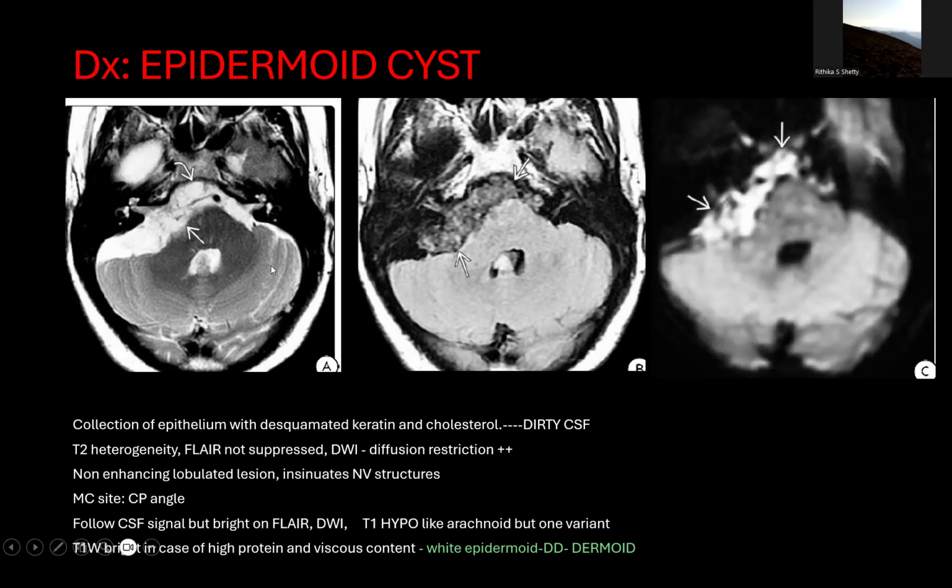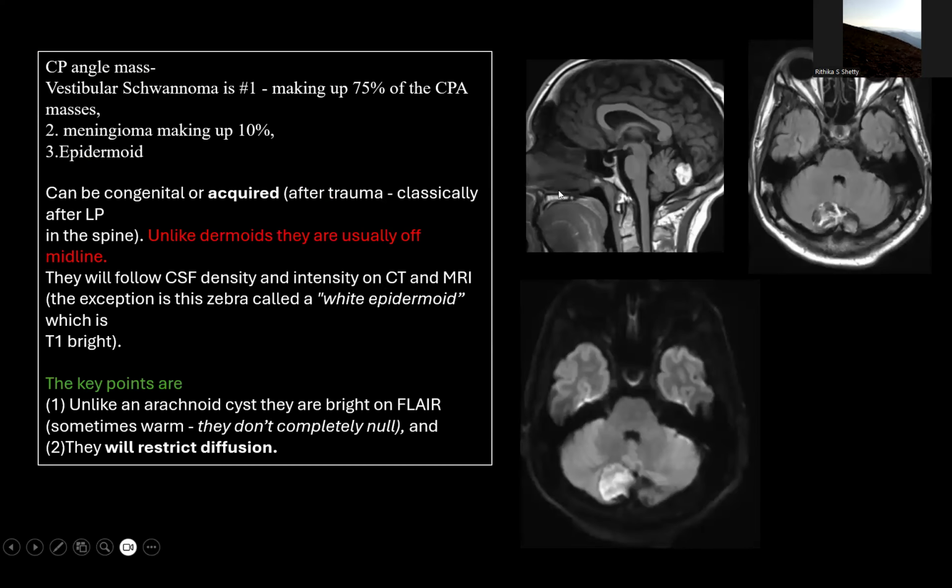Here we have to remember one more important DD, that is white epidermoid. White epidermoid is having so much keratin that even on T1 it will be hyper, but epidermoid will be hypo on T1. So whenever we are talking about a T1 hyperintense lesion, one more DD will come, is fat. So that is dermoid.